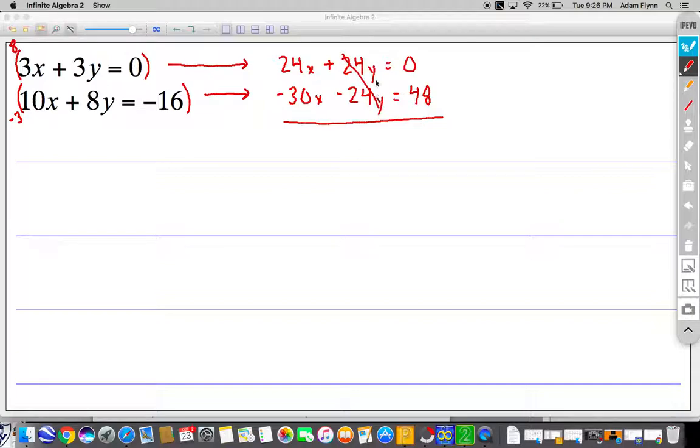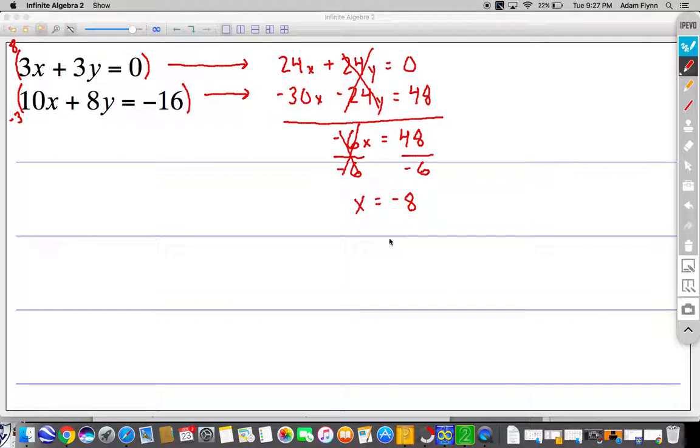So 24y minus 24y is gone, eliminated. 24x minus 30x will be -6x. And 0 plus 48 will be a +48. So to get rid of this -6, I'll divide both sides by -6. And when I do that, -6 divided by -6 will cancel, become a 1. So I have x equals 48 divided by -6, which is -8.